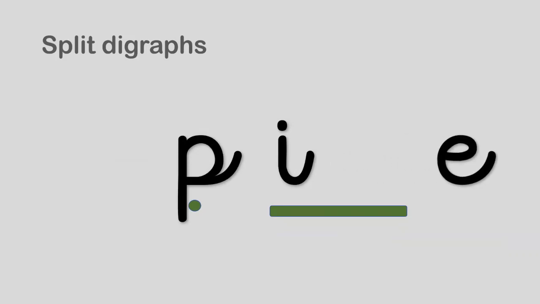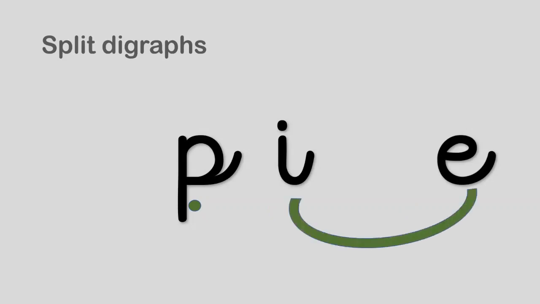Just going to move the E over there, but they're still connected. They're like friends holding hands, but somebody's come to stand in the middle. So when we read the word pine, this is a split digraph.